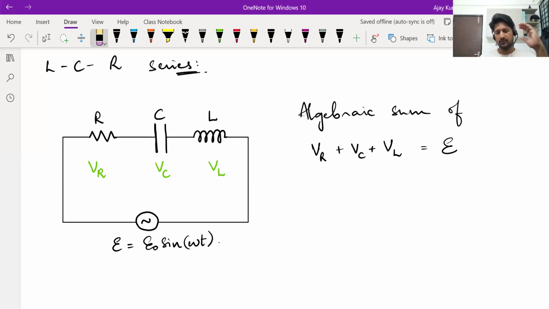But you see these three elements connected in series. In any circuit, if there is a set of elements connected in series, tell me what will be common to all of them. If there are some circuit elements connected in series and you switch on the circuit, what will be common through all those elements?